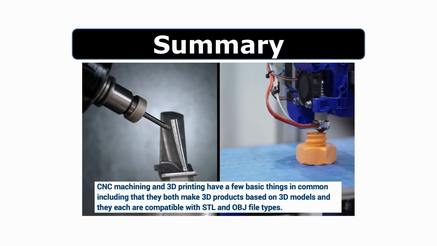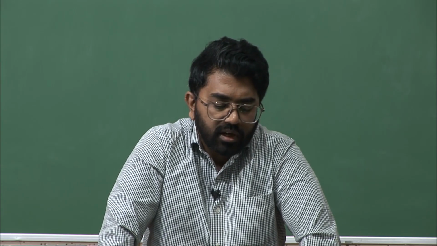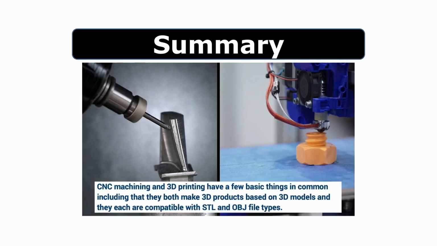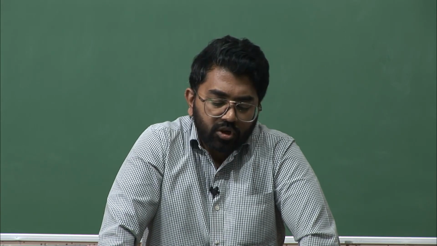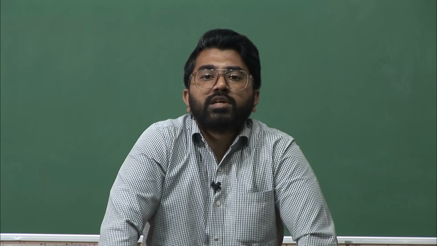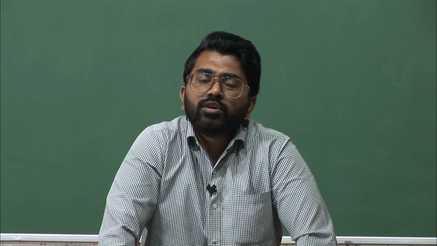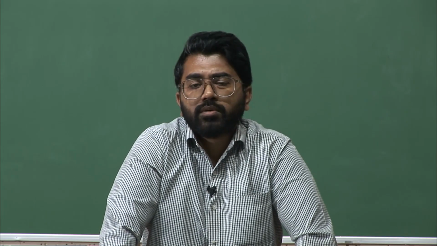So, both these technologies, additive and subtractive, use 3D models to build 3D products, and they are each compatible with the .stl file type, the stereolithographic file. So, whenever you create a design in some software, you can export it as a .stl or .obj file, object file, and using this you can quickly do CNC machining or 3D printing, right.